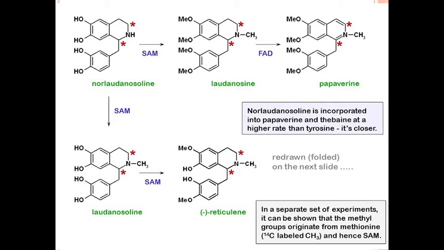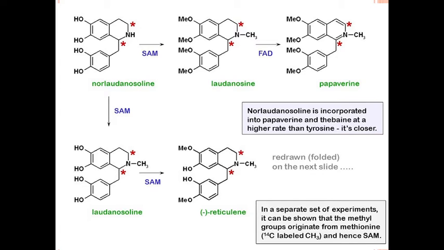When norlaudanosoline is incorporated into papaverine and thebaine, it is at a higher rate than tyrosine, so it is a more efficient precursor as compared to tyrosine.